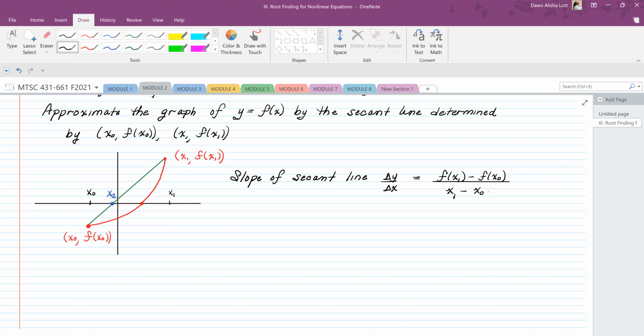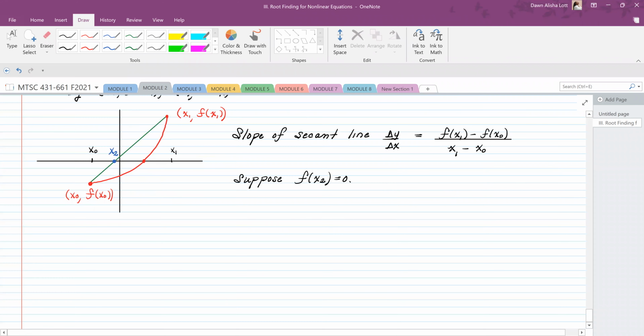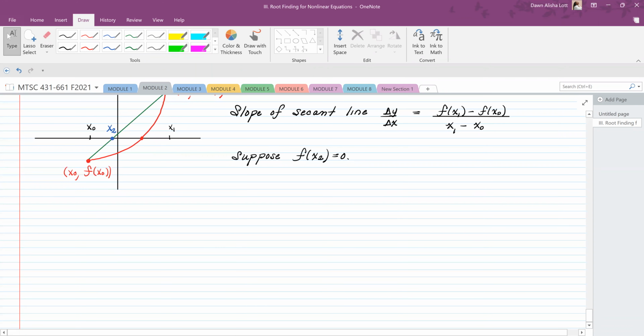Now, if you remember what we did before, let's just suppose that that next iterate x2 is exactly what we want, our guess. Well, x2 is also on the same line.